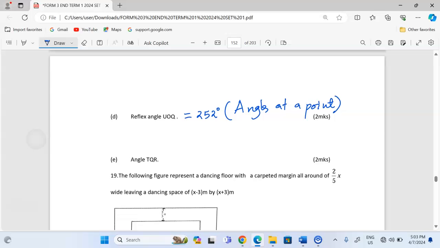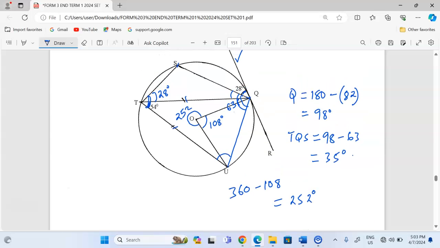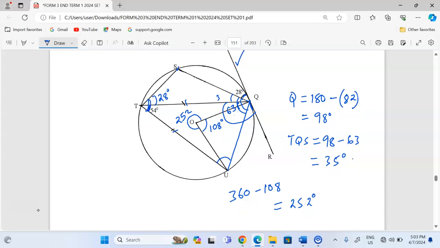And finally, angle TQR, the whole of this angle. It's good to know that angles on a straight line add up to 180, and we already have 28 and 35 at this point.